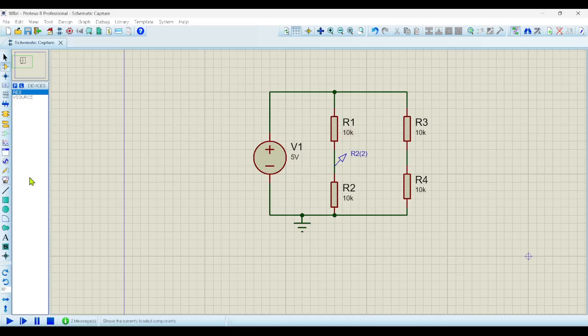Because they are in parallel, and parallel elements will have the same voltage. So if I put here a voltage probe, I am expecting to read also 2.5 volts, right? I have 5 here, so half of that will be also 2.5. And we can see that I have 2.5 volts here and 2.5 volts there.